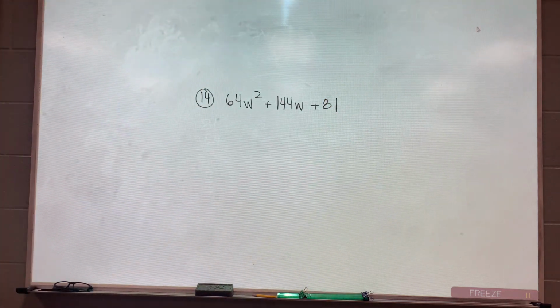All right, 64w squared plus 144w plus 81. The thing that jumps out at me is that they're all perfect squares.